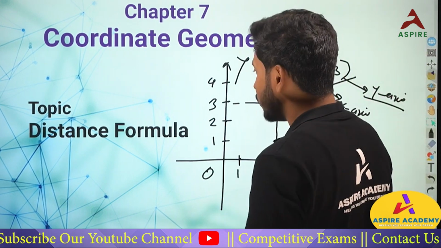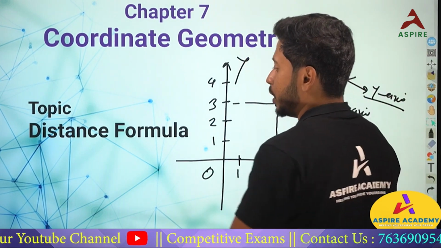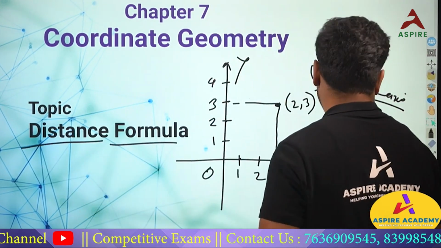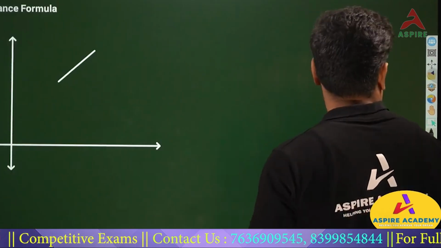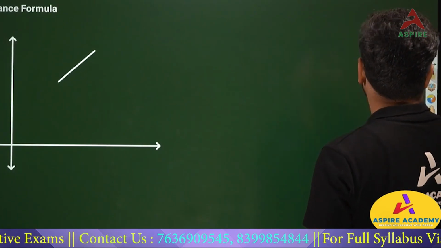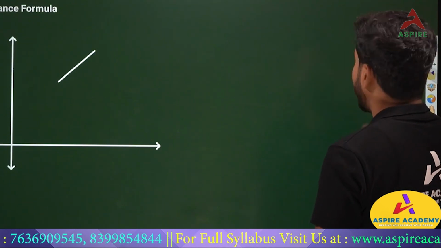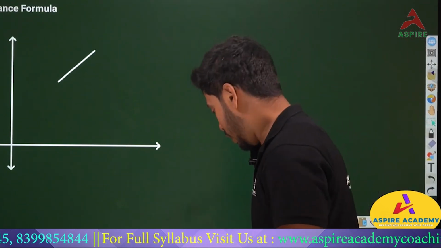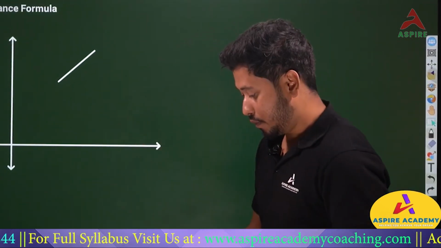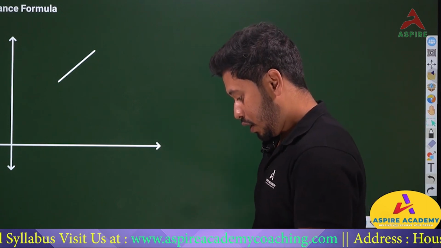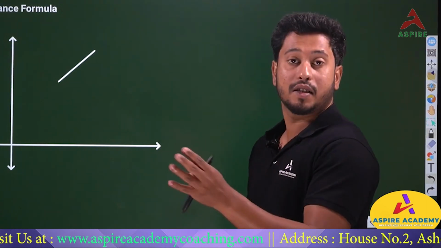So now we will start our topic, that is the distance formula. First we have to derive the distance formula. There is a formula in coordinate geometry to measure the distance of 2 points.